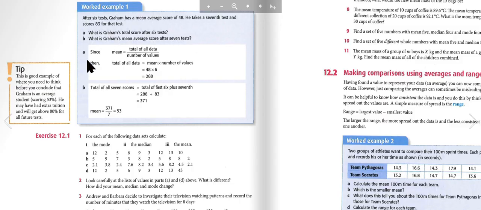Since the mean equals the total of all data over the number of values, the total of data equals the mean times the number of values, which is 288. The total of all 7 scores was the total of 6 plus the 7th, which is 288 plus 83, which is 371, divided by 7, and you get 53.